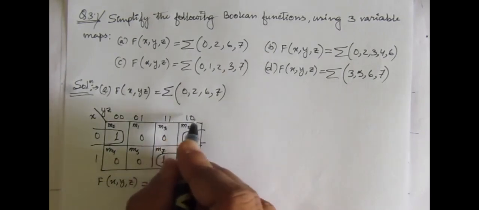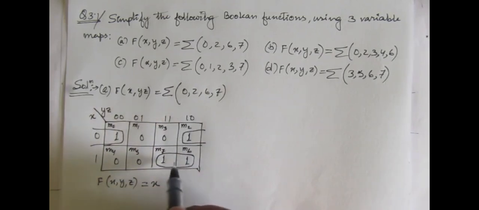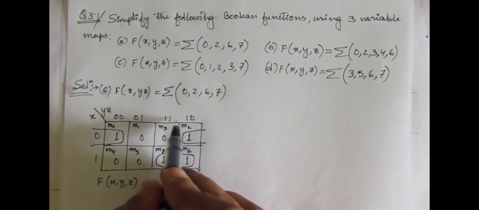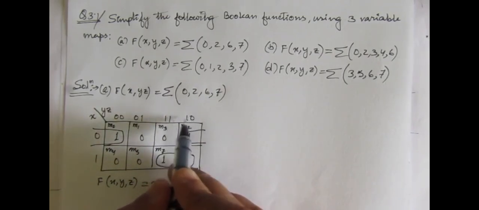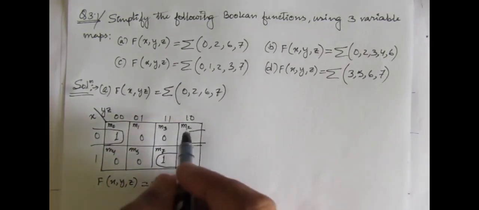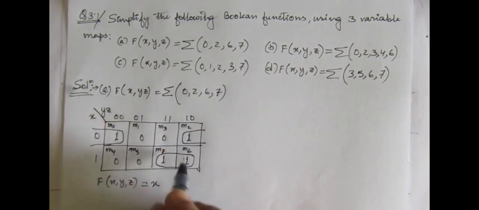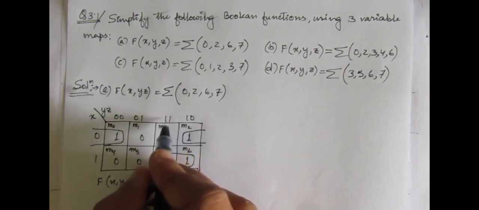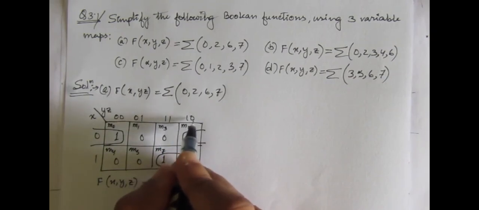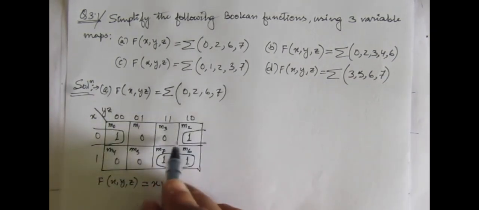From this side we can see that y equal to 1 for both of these ones, and z equal to 1 and 0. Whenever we have 1 and 0 in a combination, then we will discard that. So y and z is cancelled, so xy plus, now let us see this term.